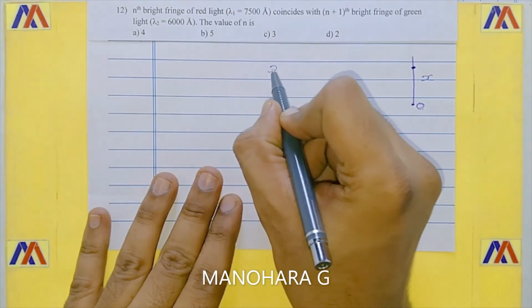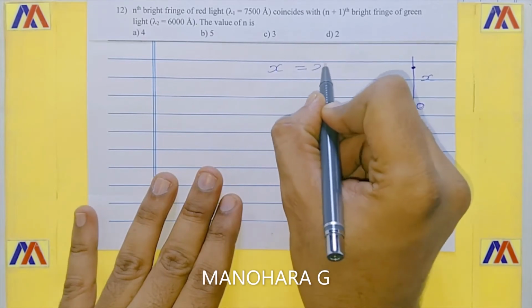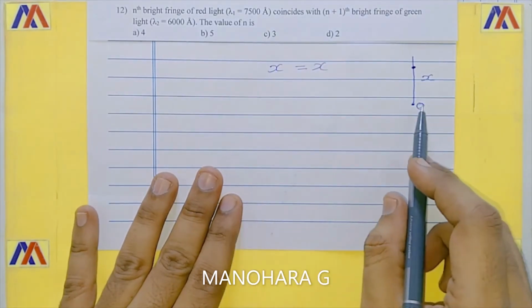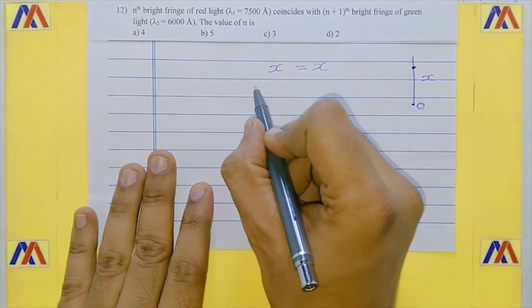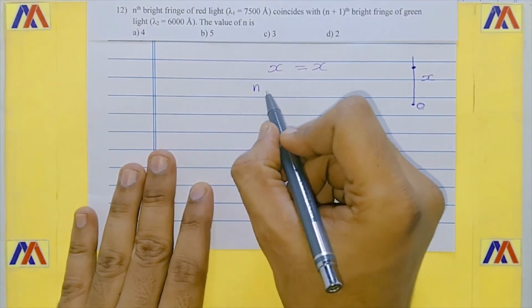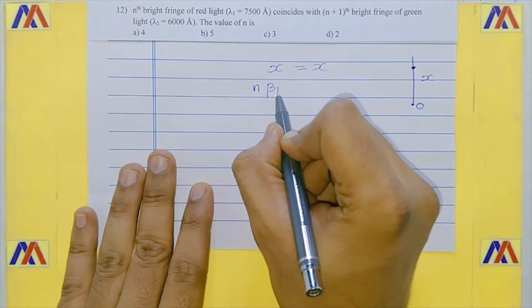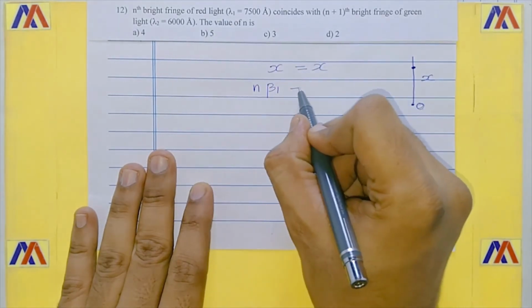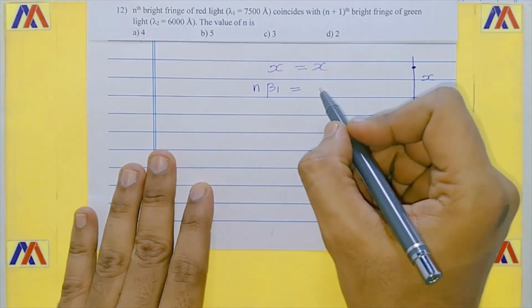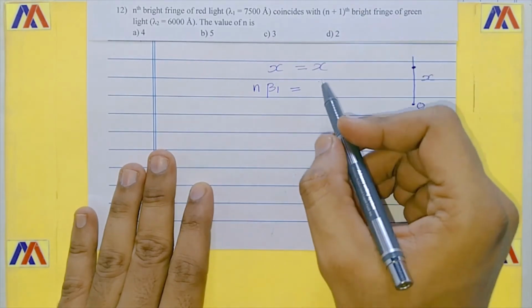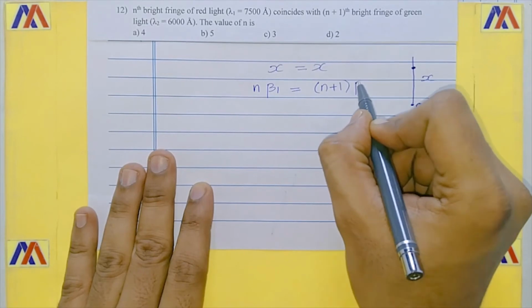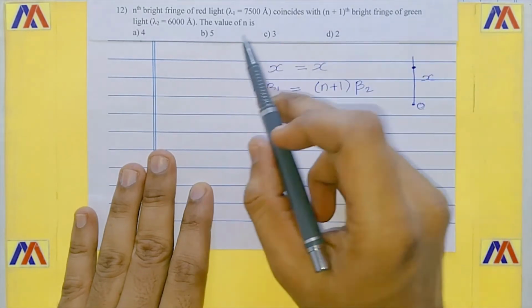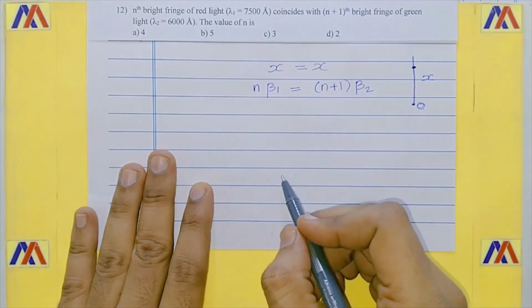We can write the formula as x equals x. The distance x from the center of the screen is written as n times the fringe width due to red light. The same distance x may be written as n plus 1 times the fringe width due to the second wavelength, that is green light.